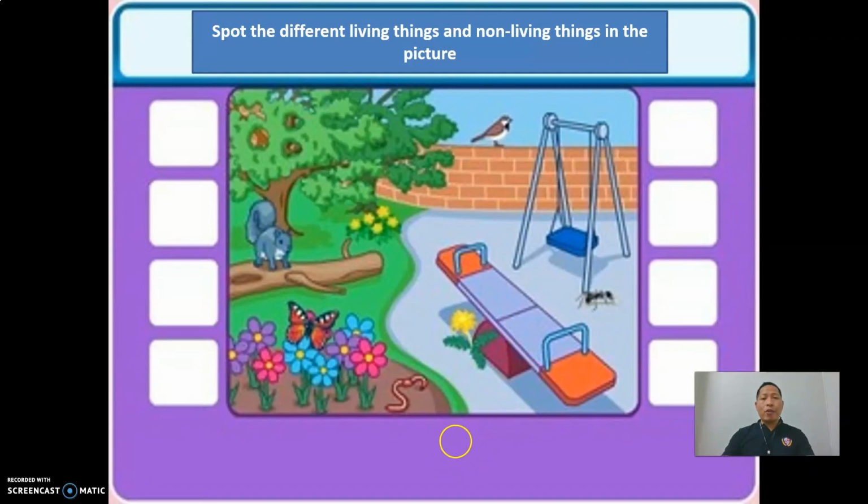You can ask for help from your father or your mother, daddy, mommy, kuya, ate, grandfather, grandmother, to find the living things and name them.